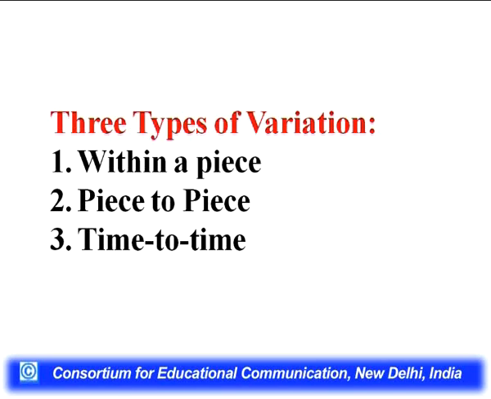Suppose we are manufacturing a rectangular piece. If it is a rectangular piece, we know that the opposite sides must be equal. Now we are talking about the variation within the piece. If we find that the opposite sides of the product are not equal, then this kind of variation is called within the piece, and the piece will not be exactly rectangular.